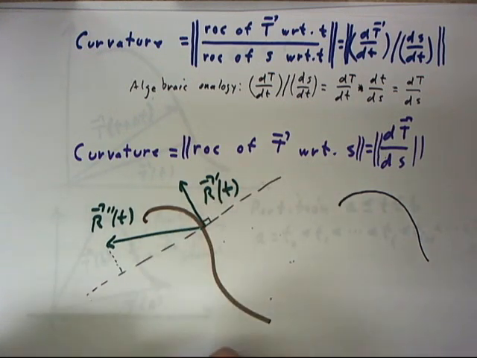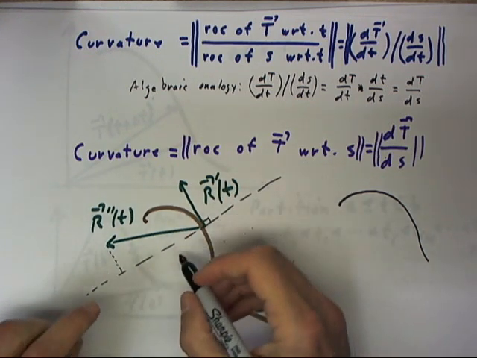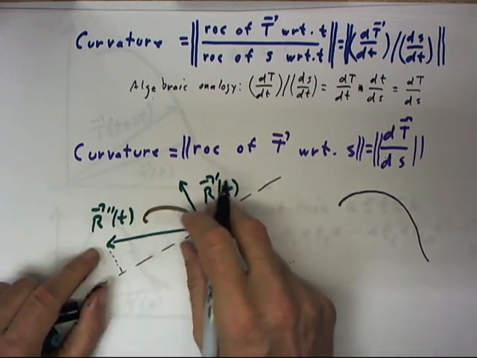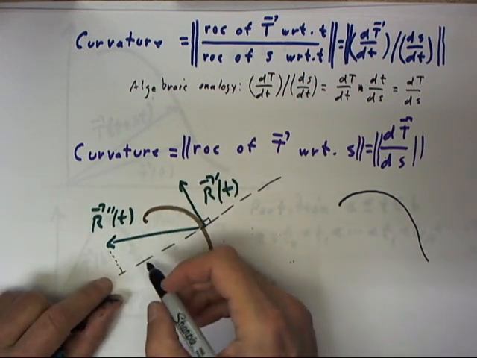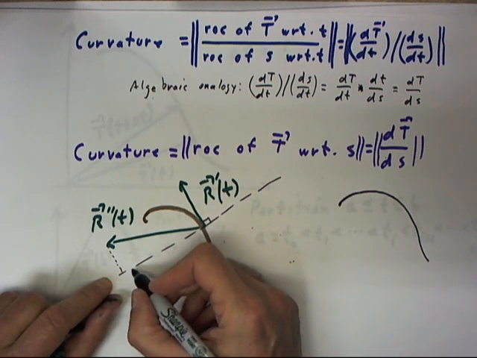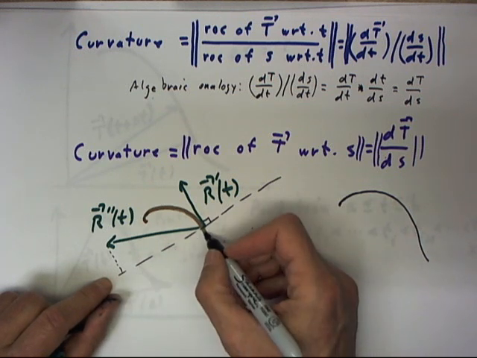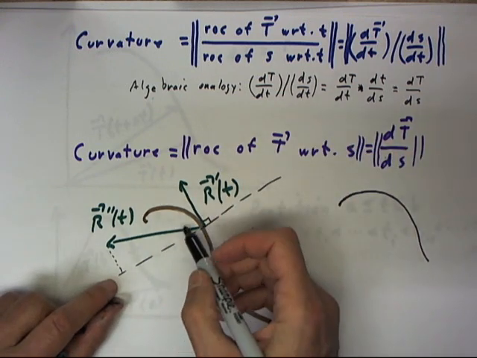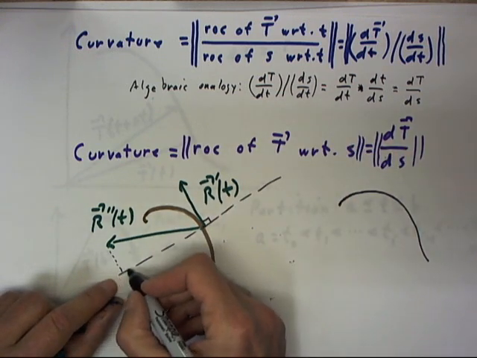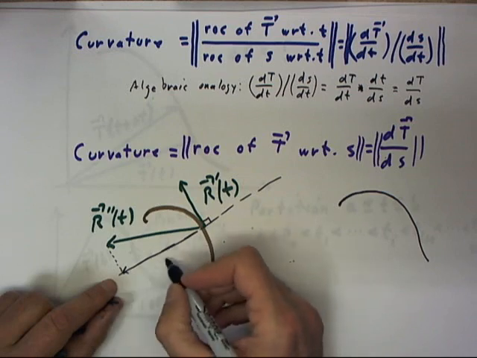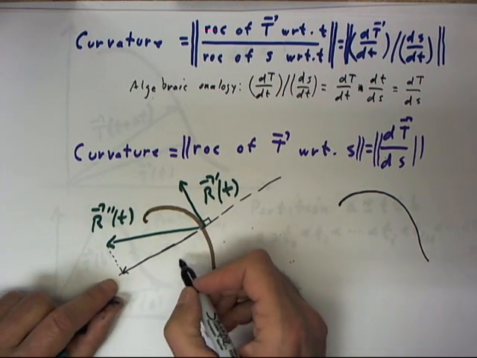appropriate vector. I've kind of lost my train of thought, so we'll come back to that. But what is the magnitude of this vector? Okay, back to my train of thought: if we divide this vector here by its magnitude, we're going to have a unit normal vector.